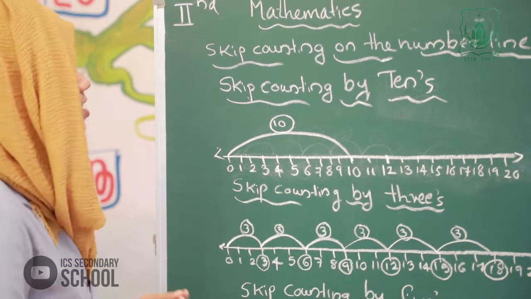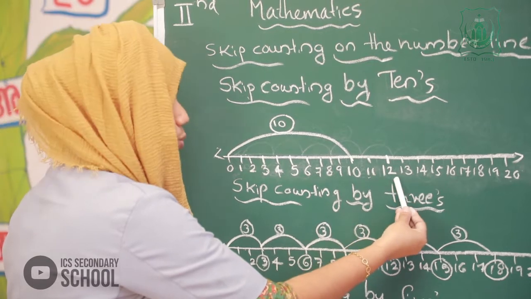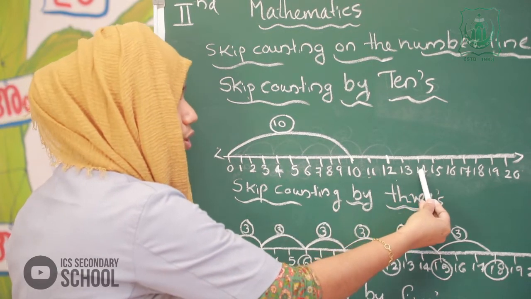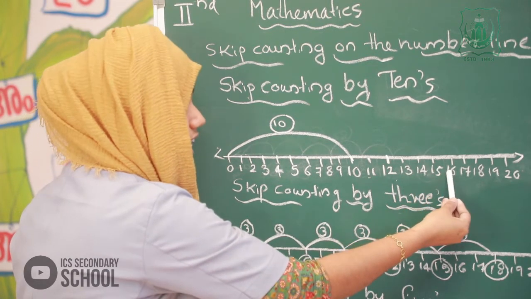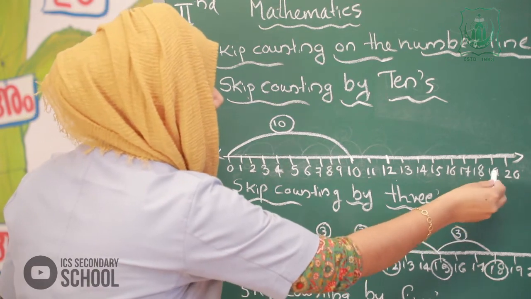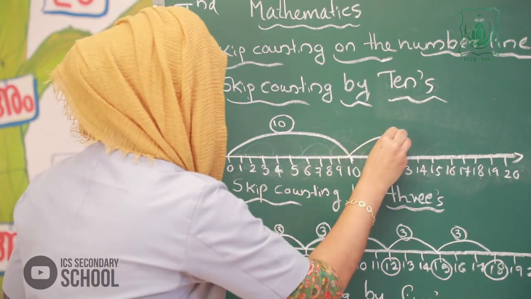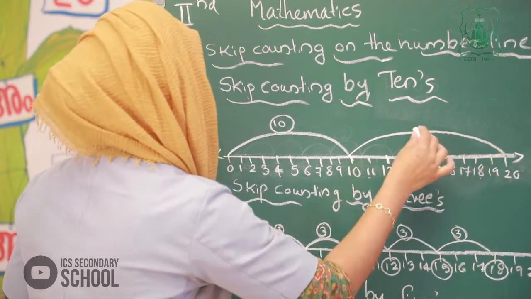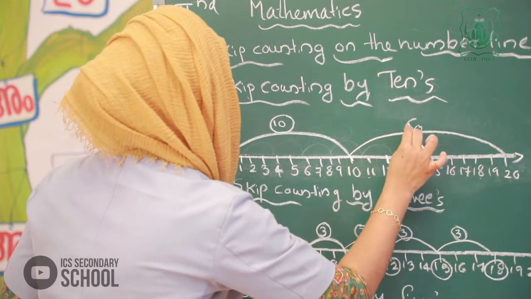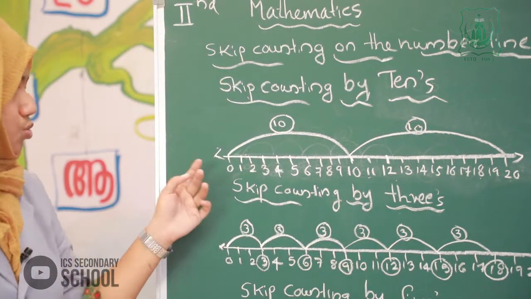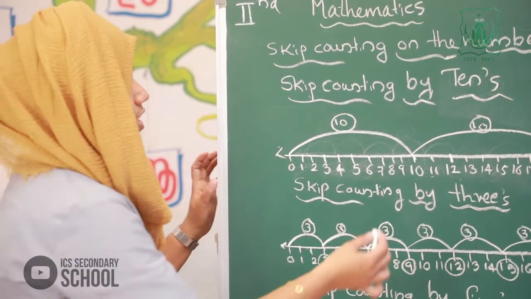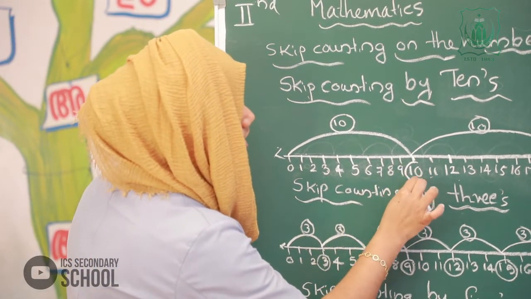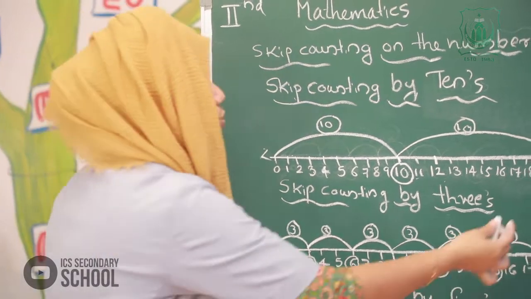Again, start counting. 1, 2, 3, 4, 5, 6, 7, 8, 9 and 10. Okay. So, we start from 0, count by 10, we get the number 10, then 20.